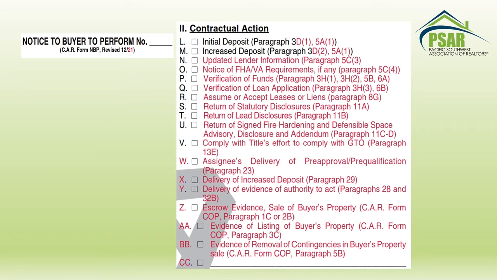That's why they changed the contract to make it a little bit easier for a buyer to look at it and see what their responsibilities are and what their timeframes are. See all the references to paragraph 3. If you look down the list, that's because that's where our grid is. Our grid has those timelines in it, right? So we've got all of that in there. And then of course you can write in anything else.